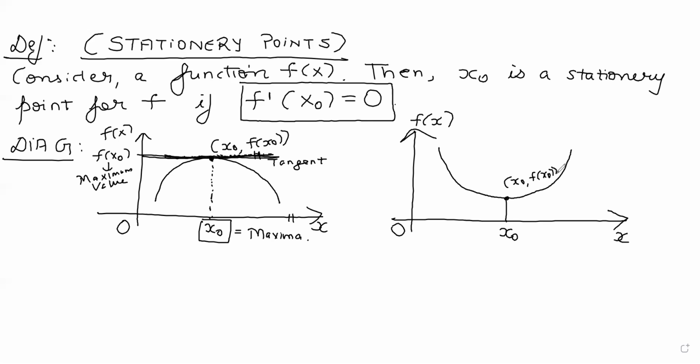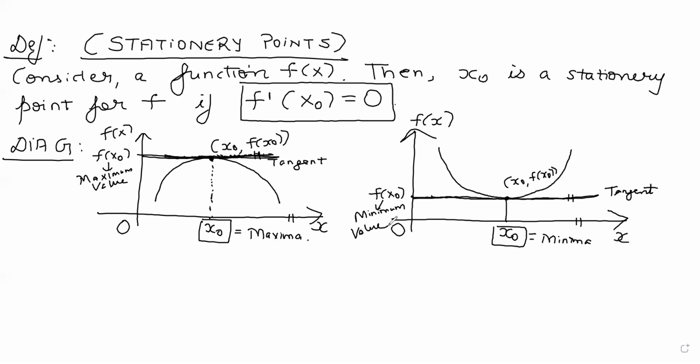If I draw a tangent at this point, again you can see that this tangent is parallel to the x-axis. So f dash x0 is equal to 0. Clearly in this case, x0 is the point of minima and f of x0 is called the minimum value.